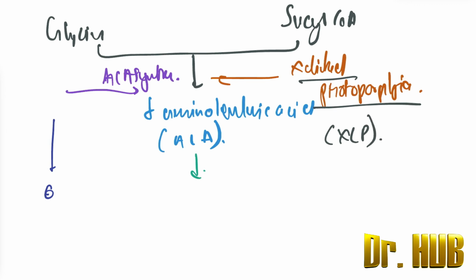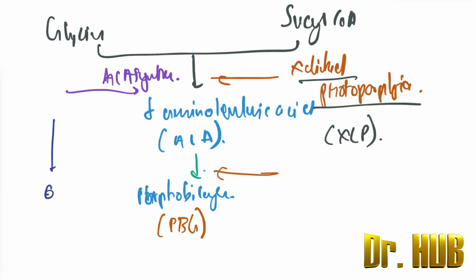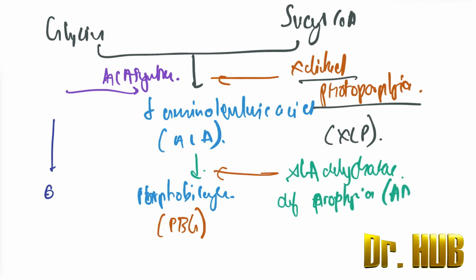Next is the conversion of aminolevulinic acid to porphobilinogen, in short known as PBG. What is acting here is the ALA dehydratase deficiency porphyria, the ADP.